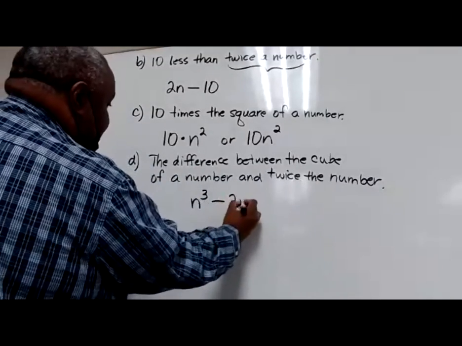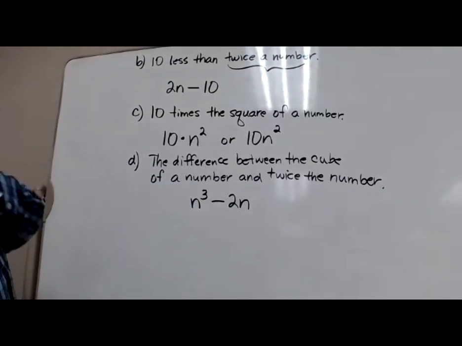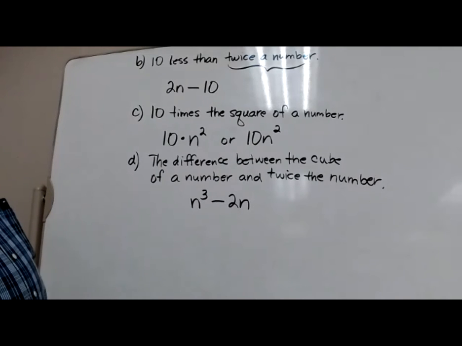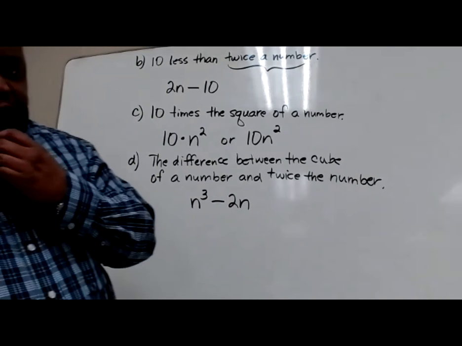It's 2n. Okay. So the n cubed minus 2n. All right. Any questions about example number 1? Just translating into an algebraic expression.